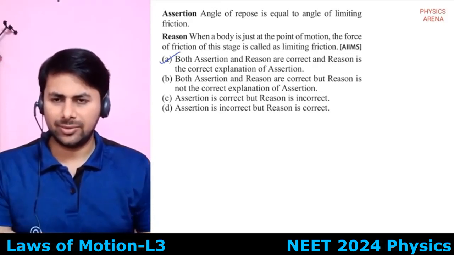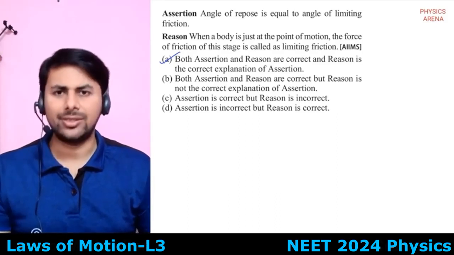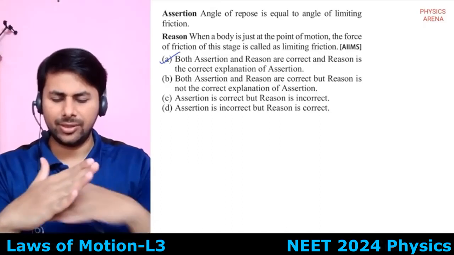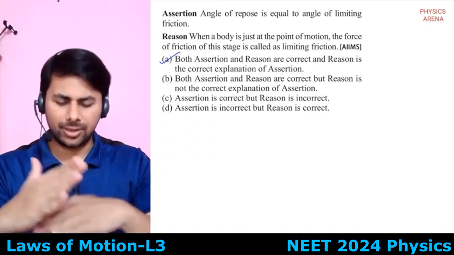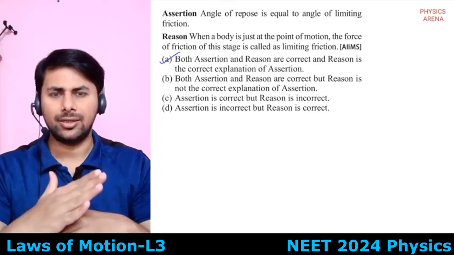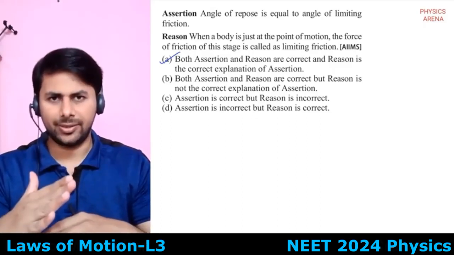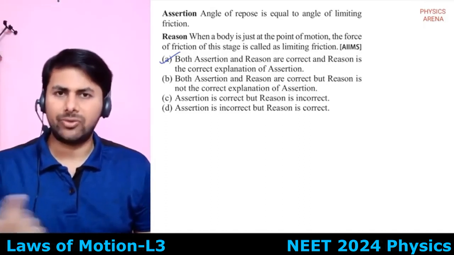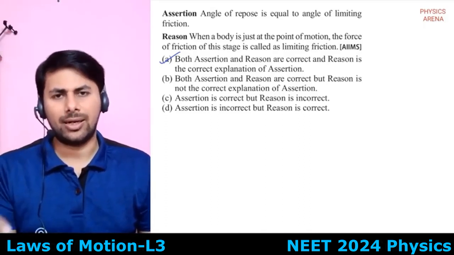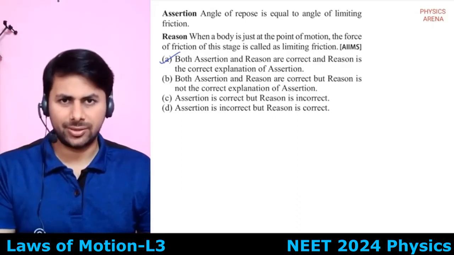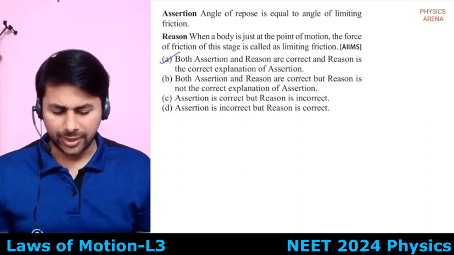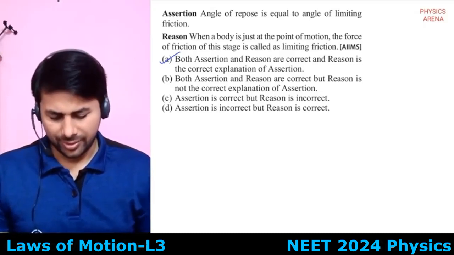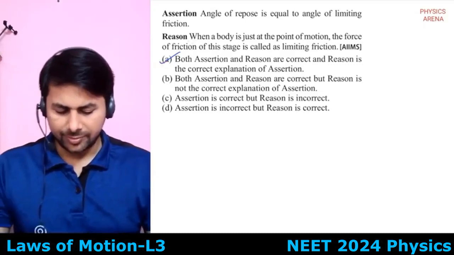In that case, we had seen the derivation that mu s is equal to tan of that angle, the angle between the horizontal direction and the inclined plane. And tan of the angle of friction is also equal to mu s. Therefore, angle of repose is equal to angle of friction. So it's option A only.